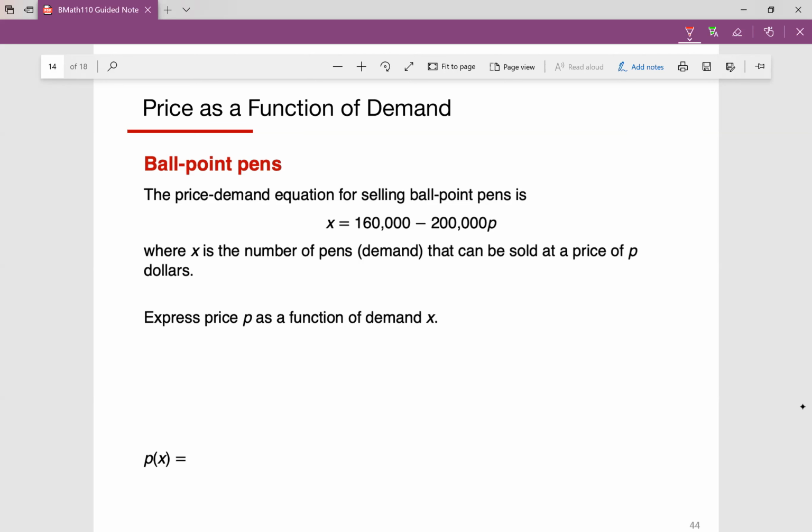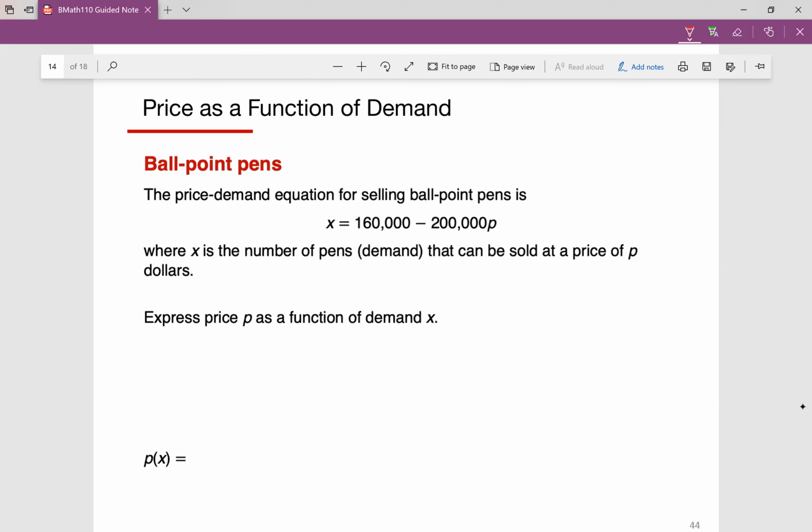So we have an example: ballpoint pens. The price-demand equation for selling ballpoint pens is x equals 160,000 minus 200,000P, where x is the number of pens demanded that can be sold at the price of $P. Okay, so what does it mean? You actually have to express the price P as a function of demand x.